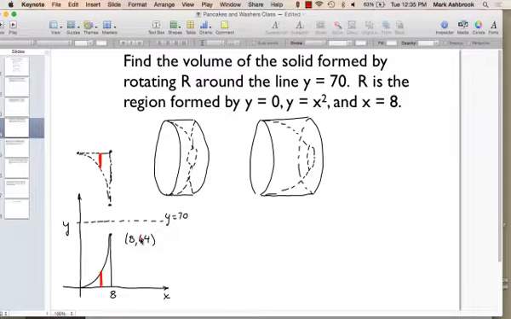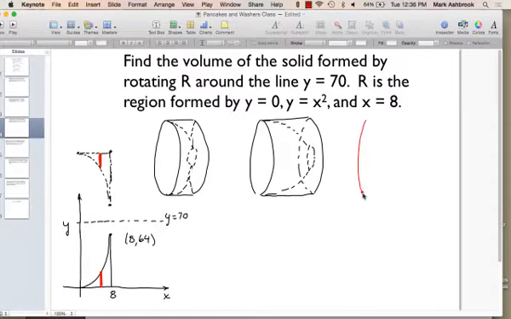So what do we get, a pancake? No. If we don't get a pancake, what is that? Imagine this strip rotating about y equals 70. So what do we get? It's like a really skinny donut, flattened like a donut that's been run over. A wafer, or a washer.